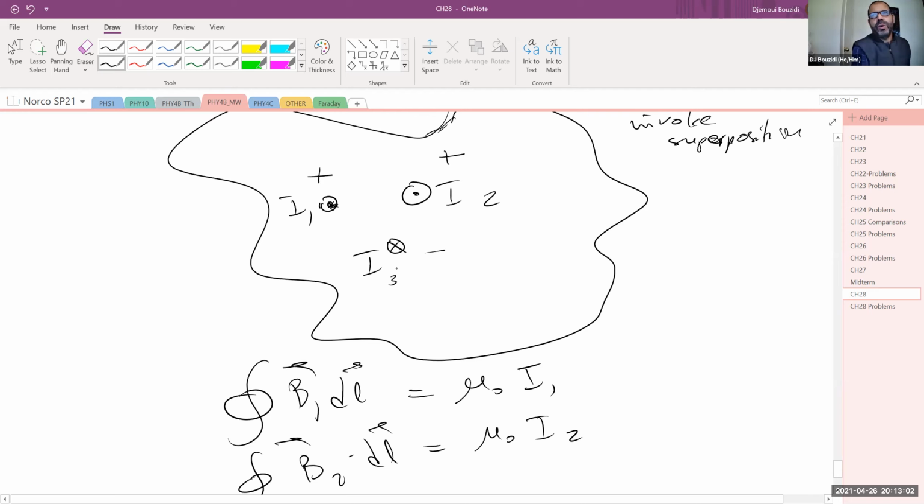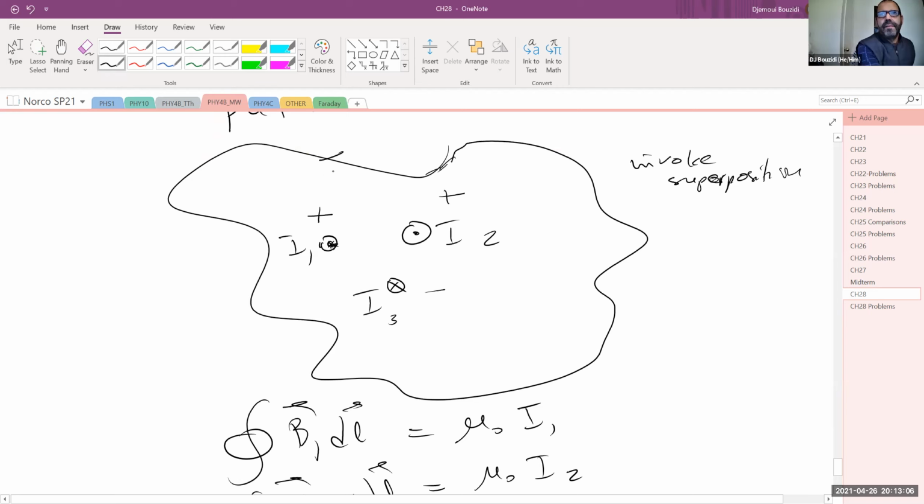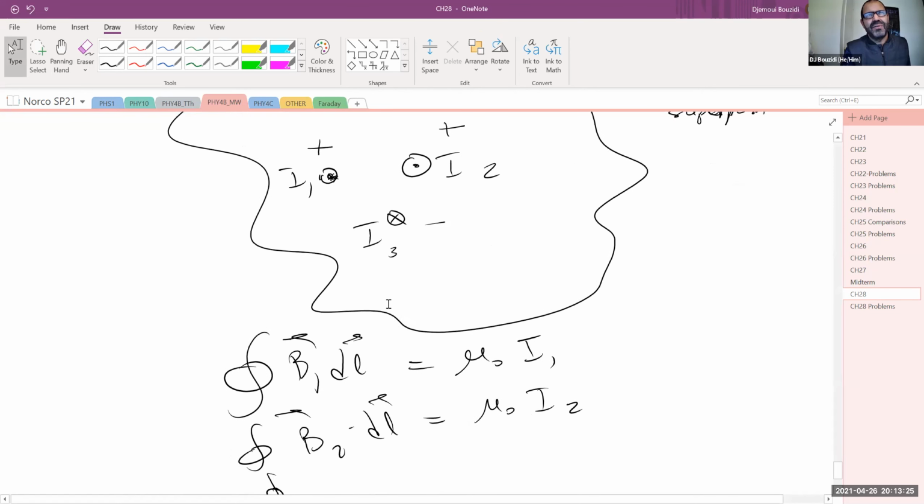This one is positive, this one is negative. Because we're going through the circulation in this direction, in the counterclockwise direction, any current that is coming out and you're going counterclockwise is positive. Any current going into the screen, while you're still going counterclockwise, is a negative current, that's all. So I3 now needs to be treated as a negative current. So the circulation coming from I3 is going to be a negative value.